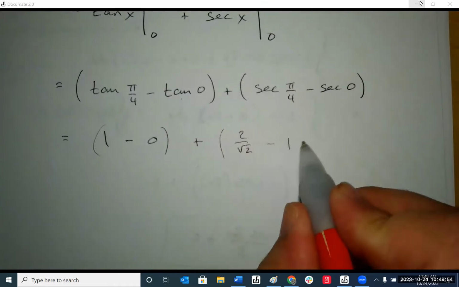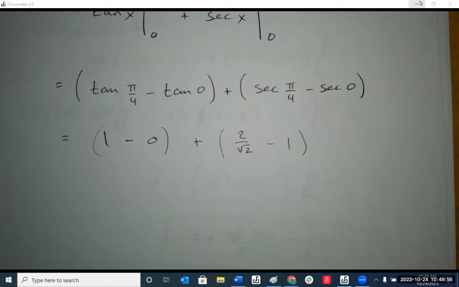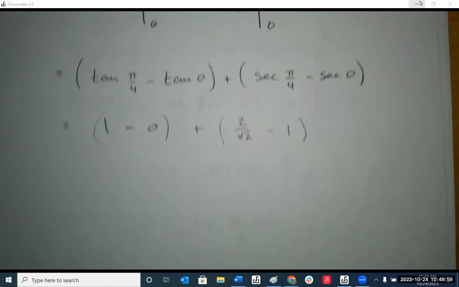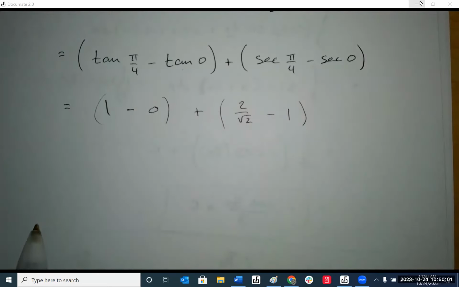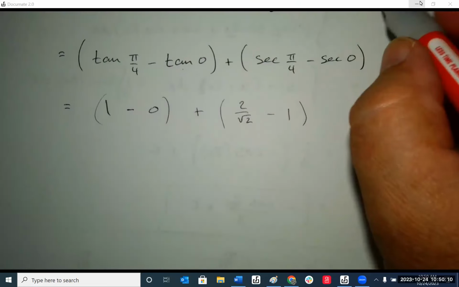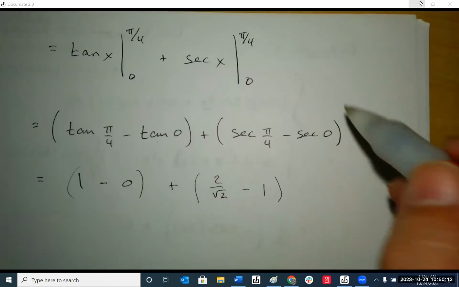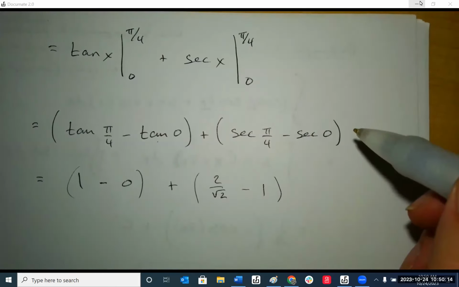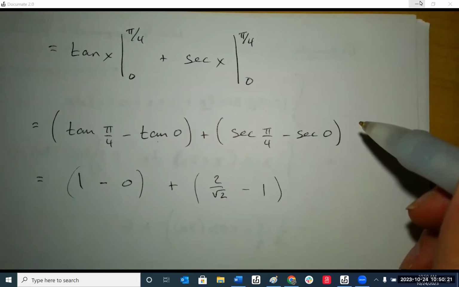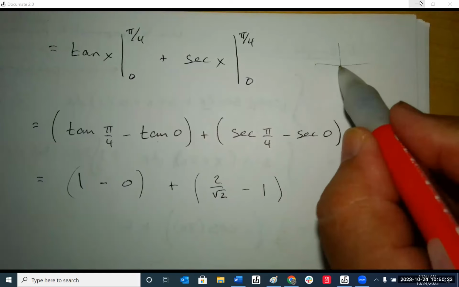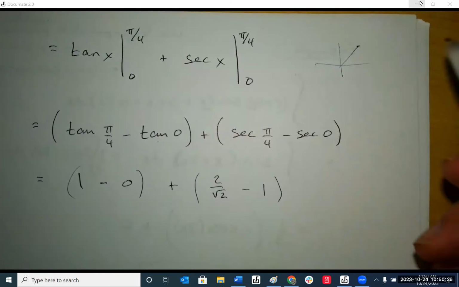Cosine and sine at pi over 4, which is a 45-degree angle: at 45 degrees, sine and cosine are both the same.